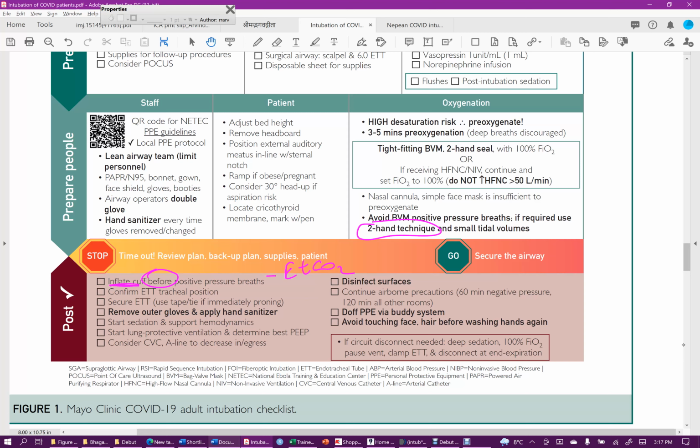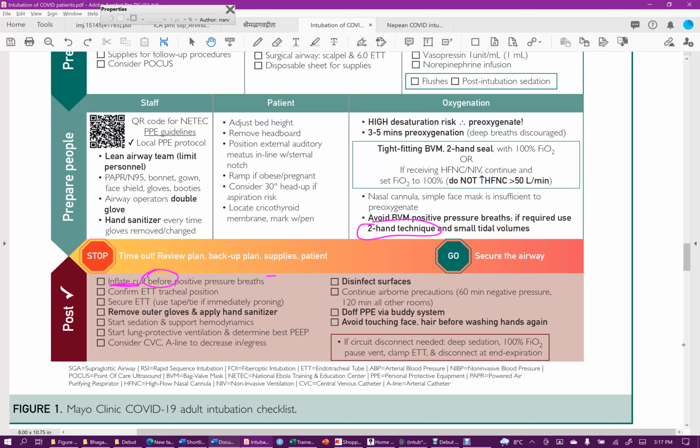Secure the ETT and then remove the outer gloves and apply hand sanitizer, and that's purely because by now it's obviously nicely contaminated. After that, just look after the patient, start lung protective ventilation, etc. So no major differences, and disinfection once again.